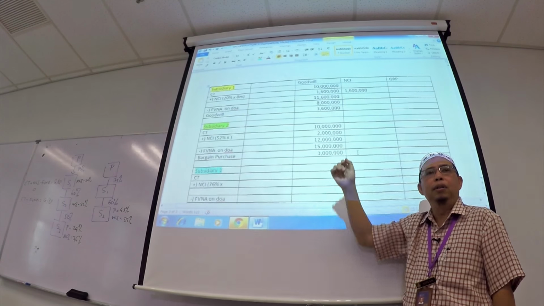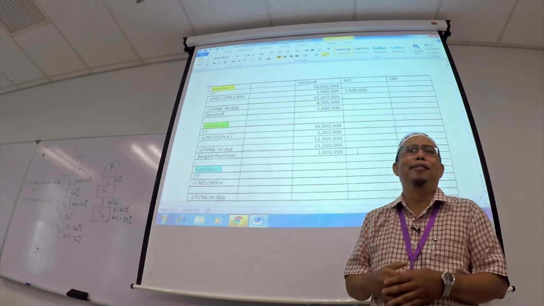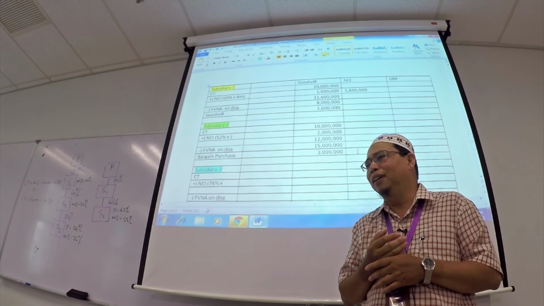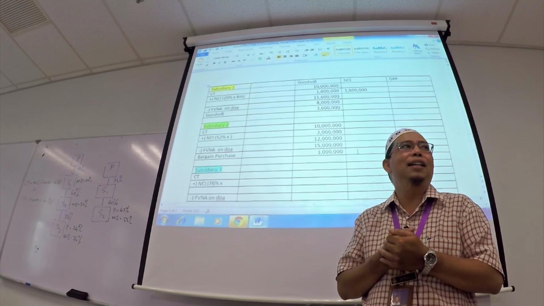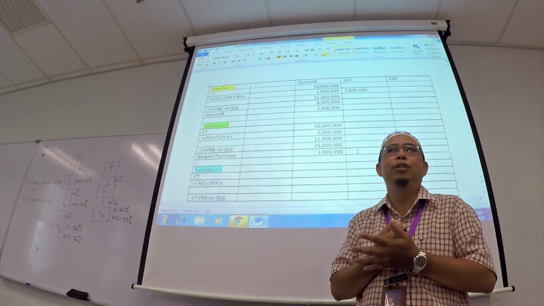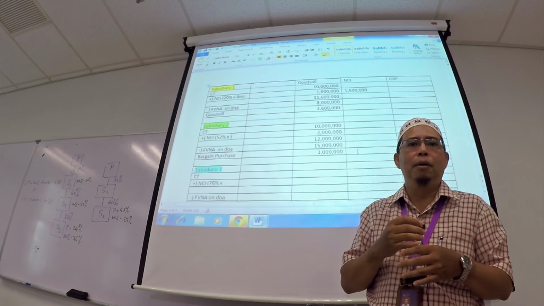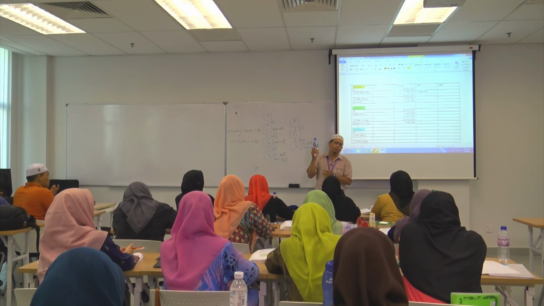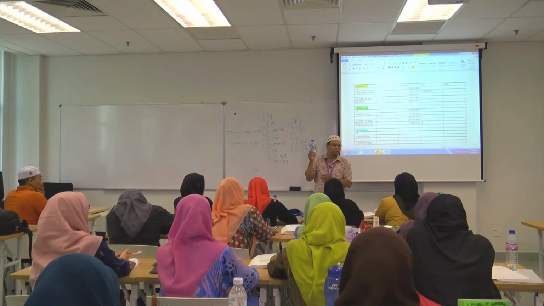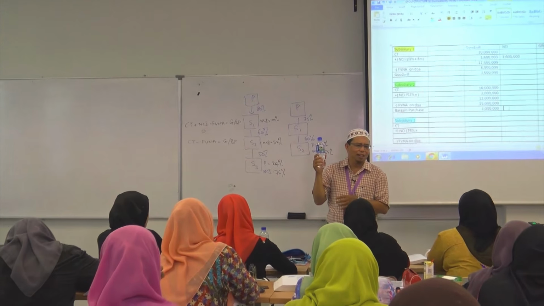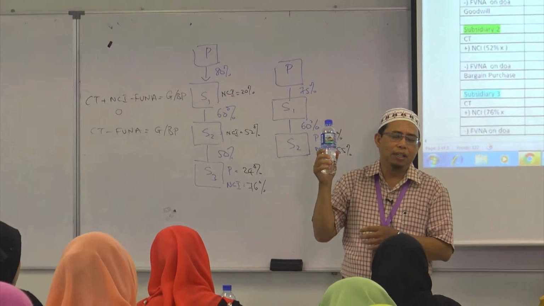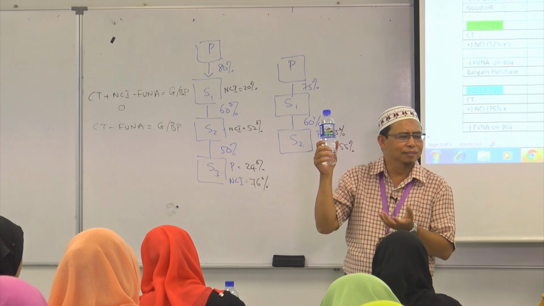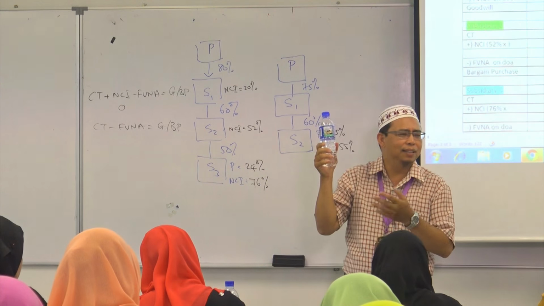If you are the accountant or the account executive in the company, you will insist that we should register bargain purchase. You should bargain for it. For example, if somebody wants to sell this for $10, you will say, I don't want to pay $10, I'll pay $9. So this is worth 10 million, but you pay 9 million. It's good, isn't it? Because you pay less than the value.